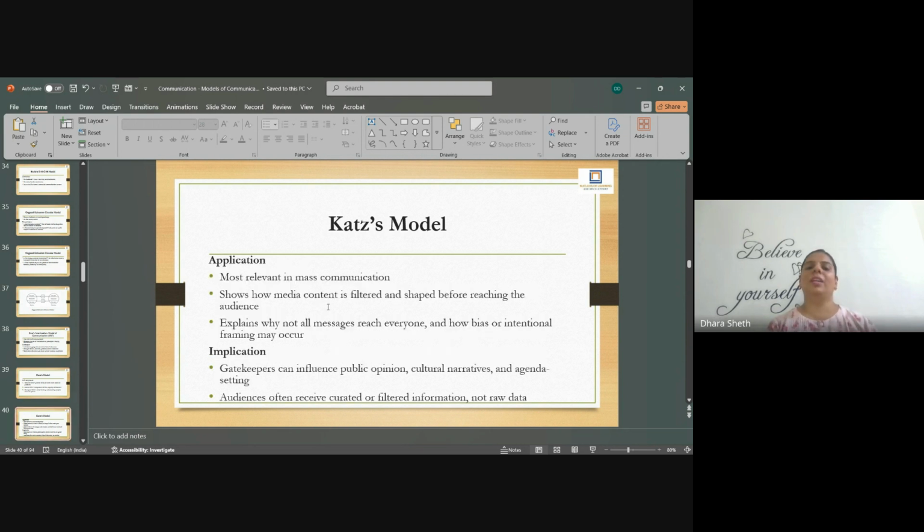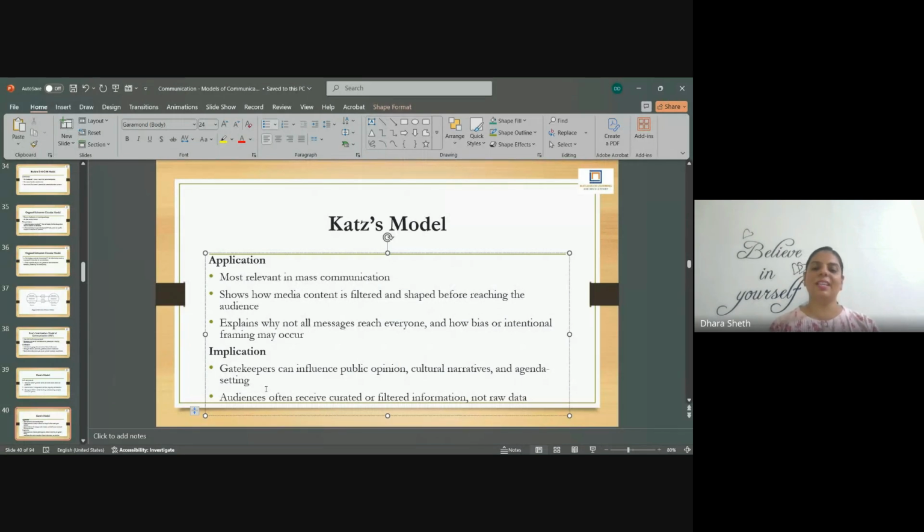This is most relevant in mass communication. It shows how media content is filtered and shaped before reaching the audience, explains why not all messages reach everyone, and how bias or intentional framing may occur. The implication, the result is gatekeepers can influence public opinion, cultural narratives, and agenda setting.